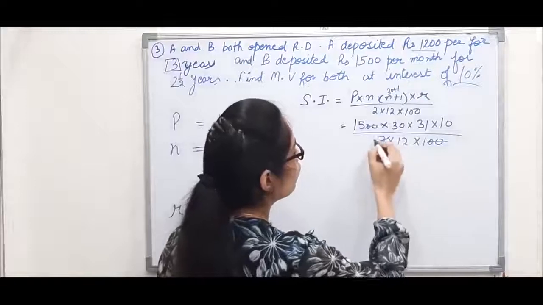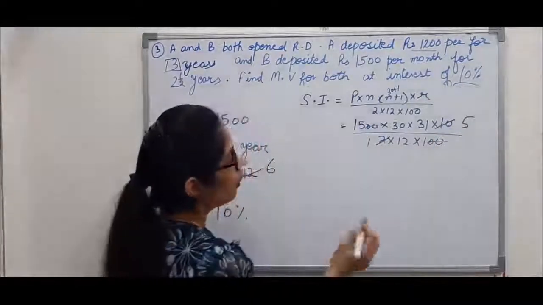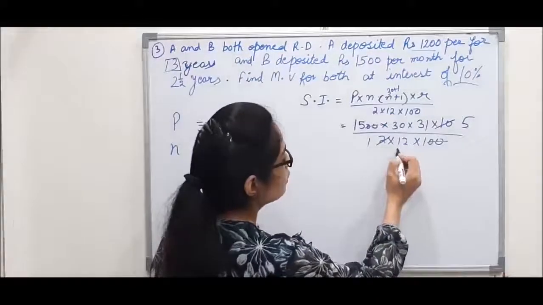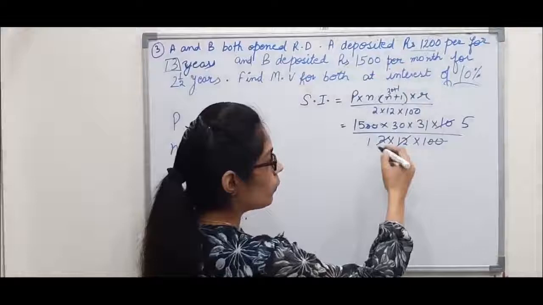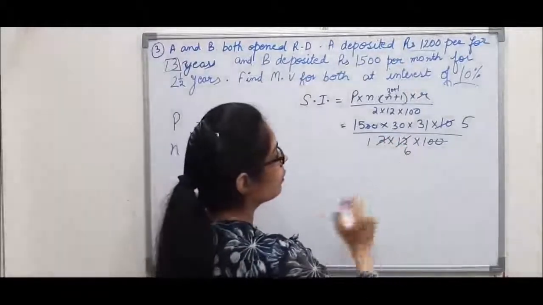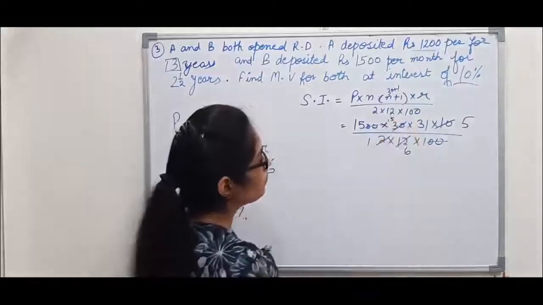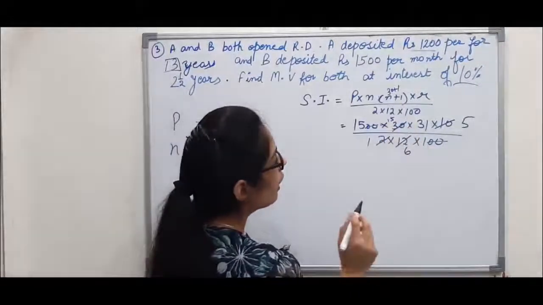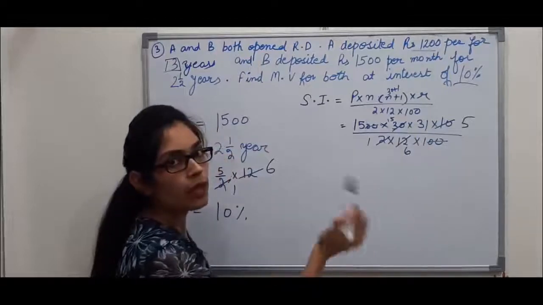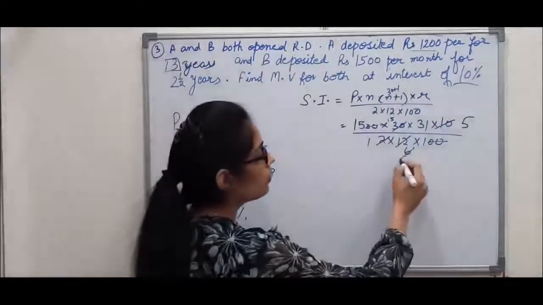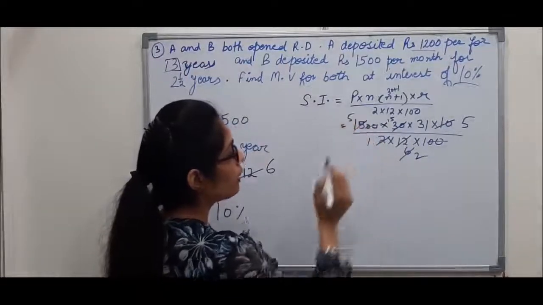Now 2 into 1 is 2. 2 into 5 is 10. Now again I can see this 12 is going into 2's table and 30 also. 2 into 6 is 12. 2 into 15 is 30. Now again I can see 15 and 6, they both are multiples of 3. 3 into 2 is 6. 3 into 5 is 15.